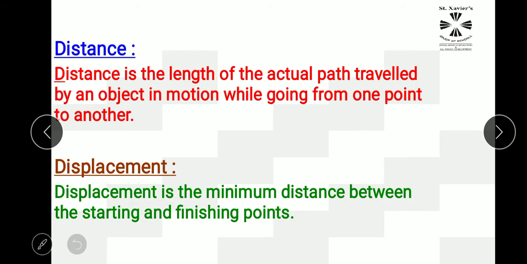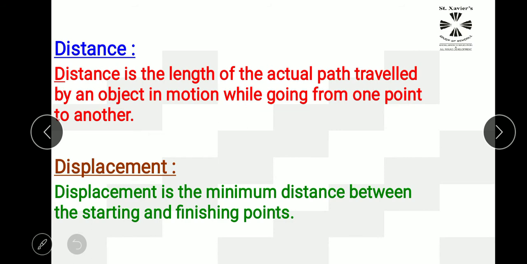Now let's continue with distance. First I will tell you what distance is. Distance is the length of the actual path traveled by an object in motion while going from one point to another. And displacement is the minimum distance between the starting and finishing points.